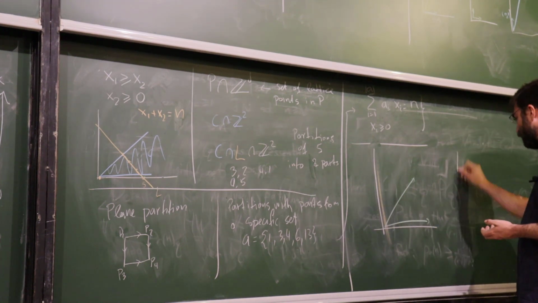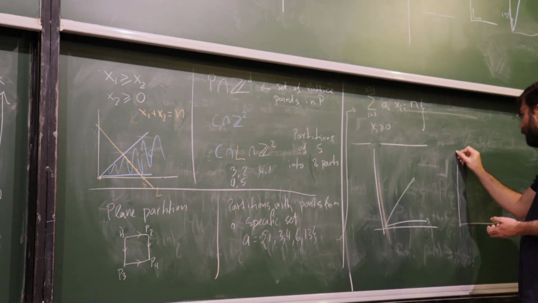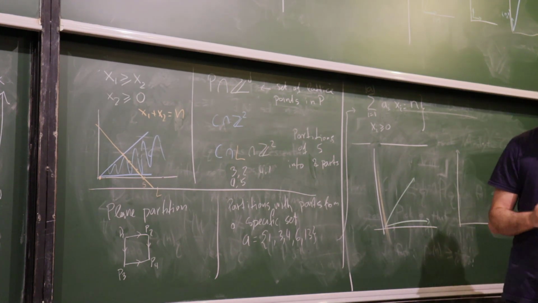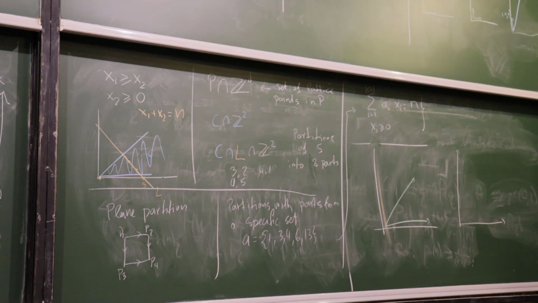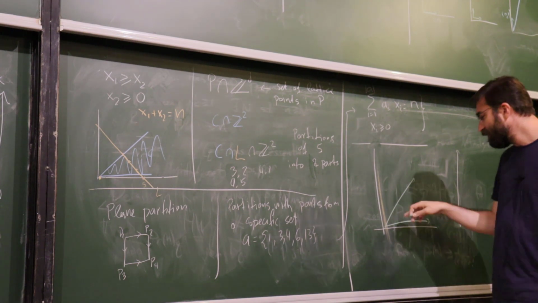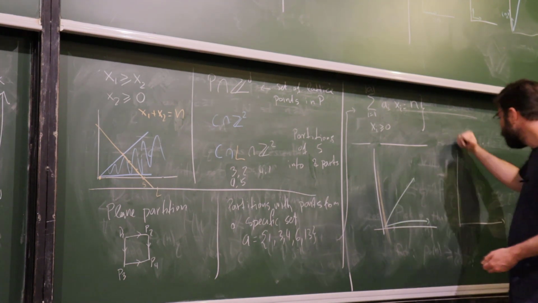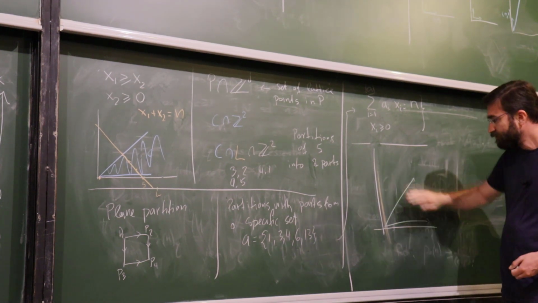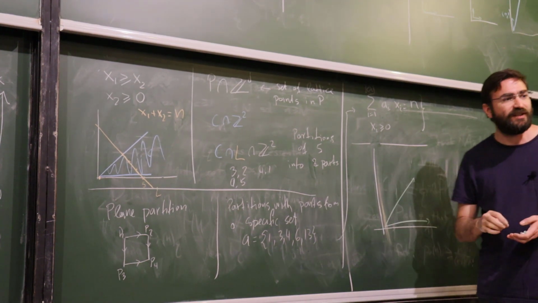So these are all the partitions into 2 parts. What happens if I want partitions into distinct parts? How does my cone look like? What do I change here?